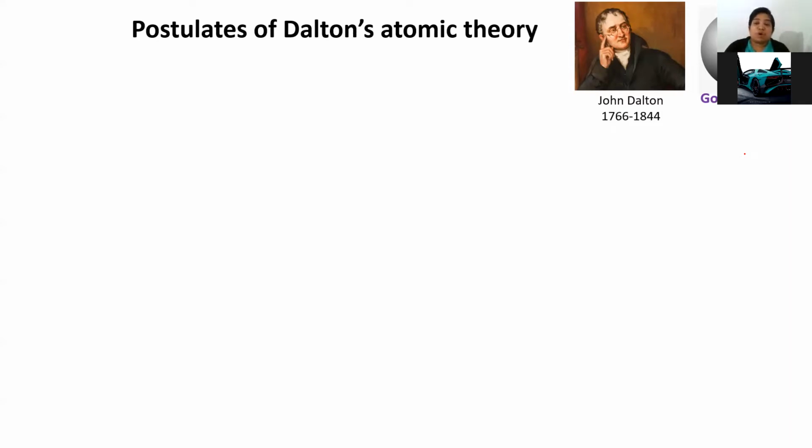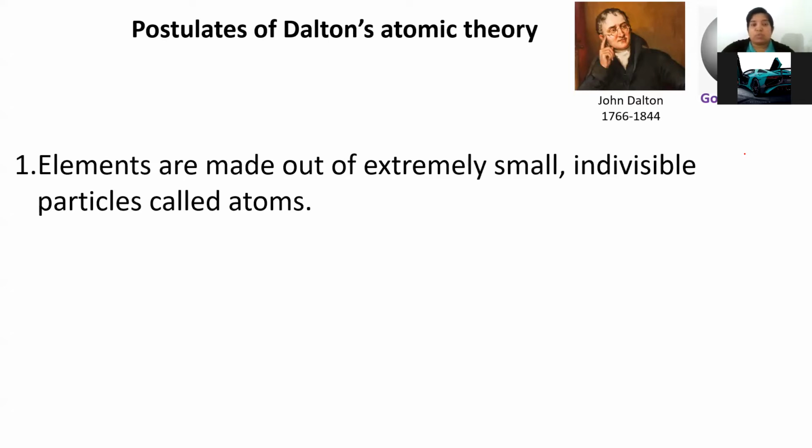But before John Dalton, there were some other scientists who did experiments, but their names are not mentioned in your syllabus. So how John Dalton came up with his postulates is like a combination of the previous work. He combined what other scientists did before him, and Dalton himself also did a few experiments. And with that, he came up with 4 main points.